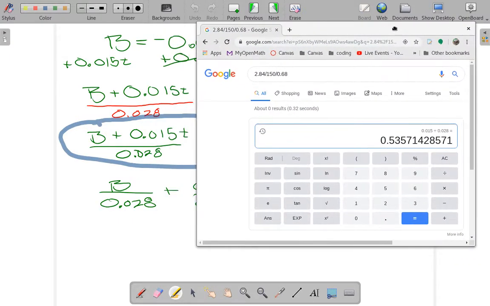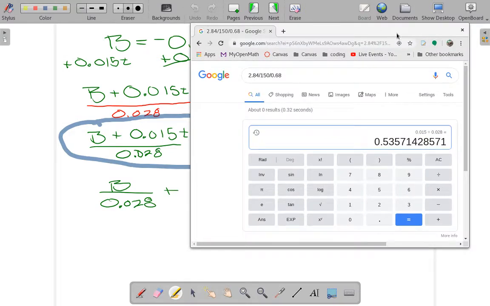So on my calculator, I'm going to start off with parentheses for that crazy numerator, and it's 0.06 we were putting the BAC at, and then I want to add 0.015 times 3. And then I want to close the numerator and divide by 0.028. And I should get that 3.75 I got before. So just testing to see if that formula worked the way I thought it did based on my previous work.